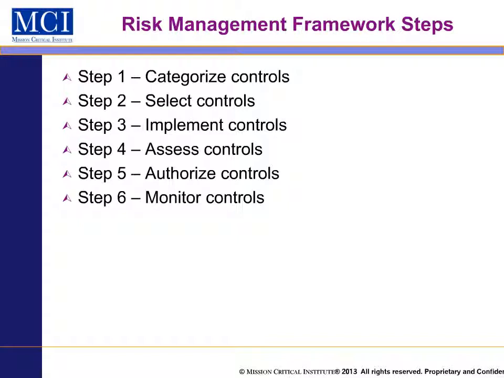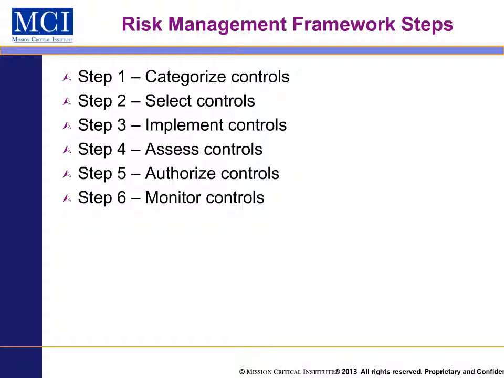Step 5 is to authorize the information system operation based on a determination of risk to the organizational operations, to the organizational assets, to the individuals, and to other organizational features using a decision that the risk is acceptable.